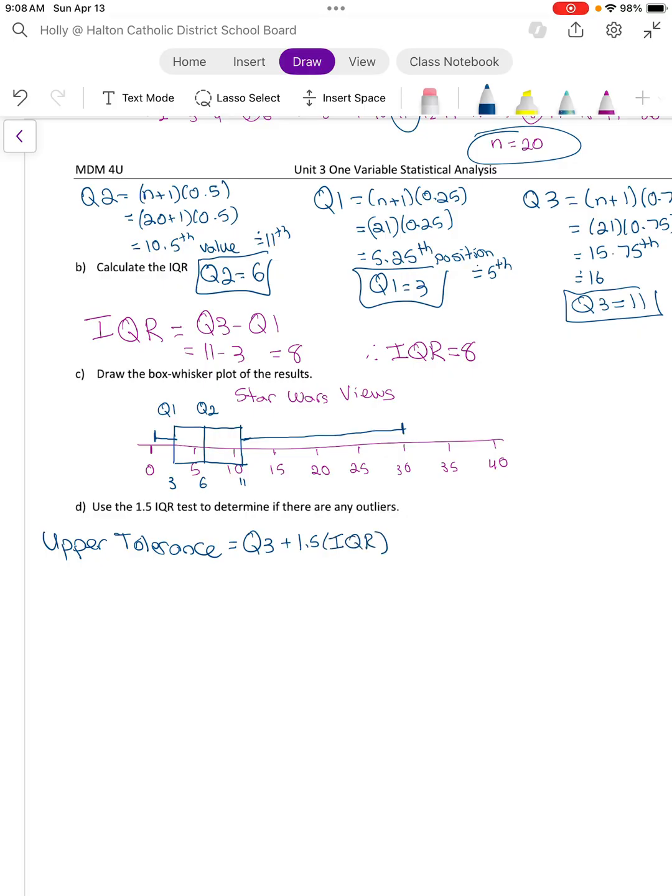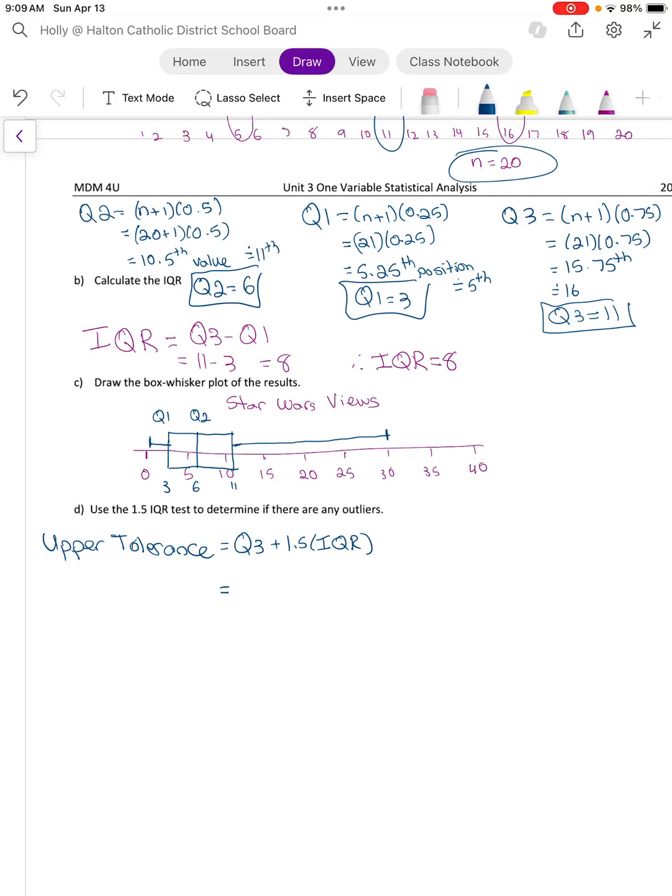In this case, our IQR was 8. So we take the value of Q3, which we know was 11, plus 1.5 times our IQR, which we calculated as 8. So 11 plus 12 gives us 23. That would be the upper tolerance.